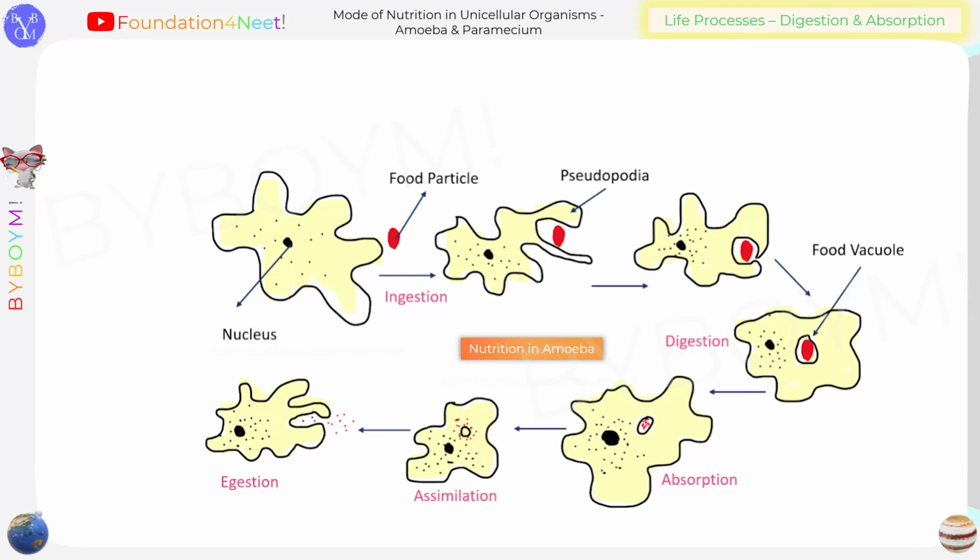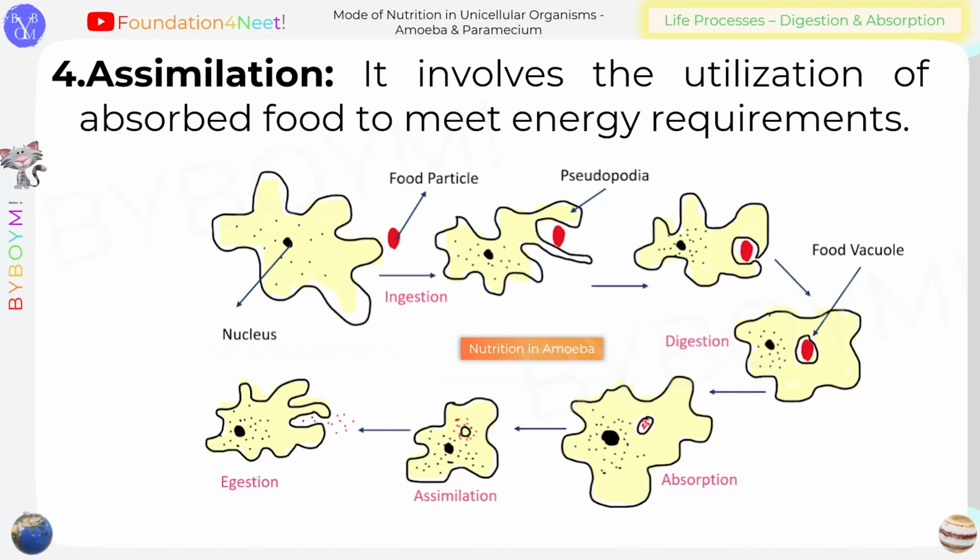A number of activities that the cell will perform would require the expenditure of energy. Energy needs to be spent for the cell to function and to maintain its integrity and its internal environment. So assimilation is the utilization of absorbed food so that whatever energy requirements of the cell are there, they are met. Now the fifth step and the final step is egestion.